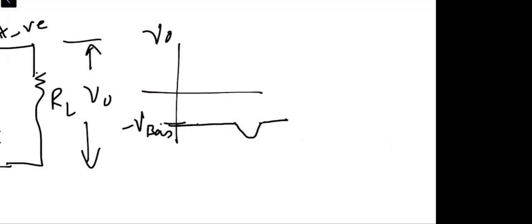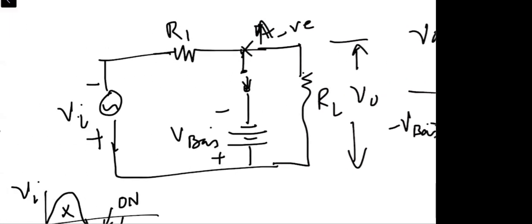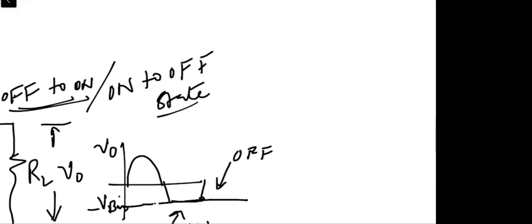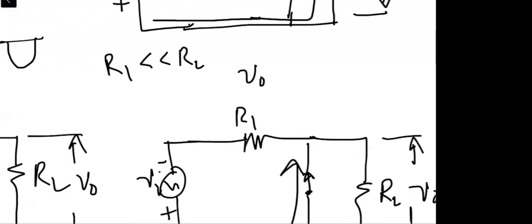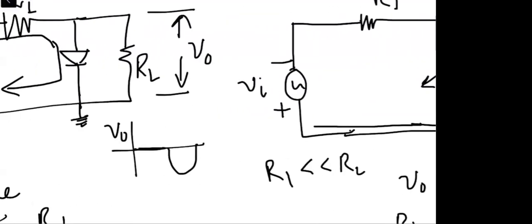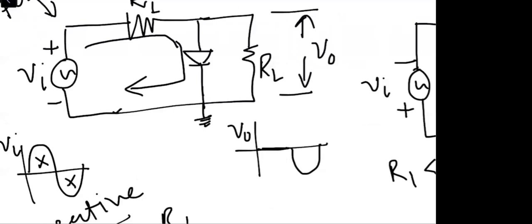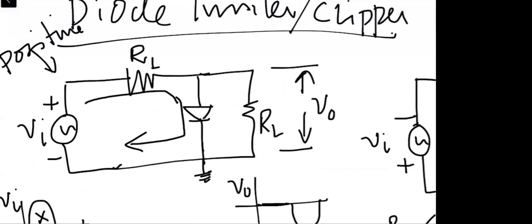Okay, so these are the outputs when we are considering the diode as an ideal diode. Now getting back to the circuit from the start, what if the diode is not considered as an ideal diode, but as a practical diode, right? In the first case, that was the positive limiter circuit.